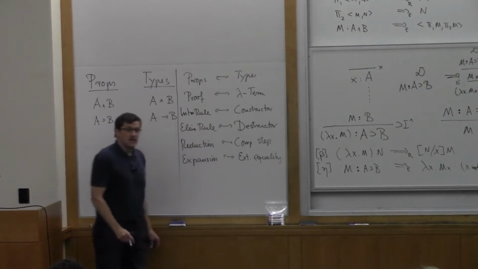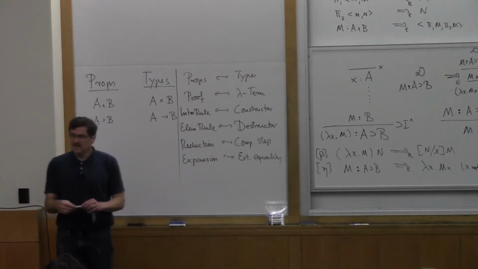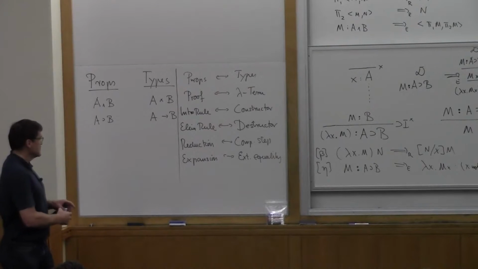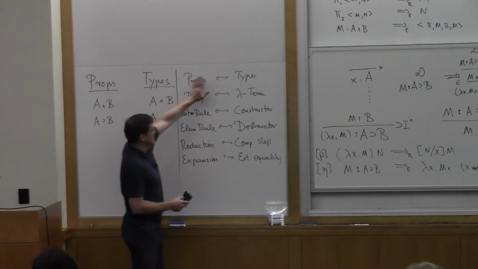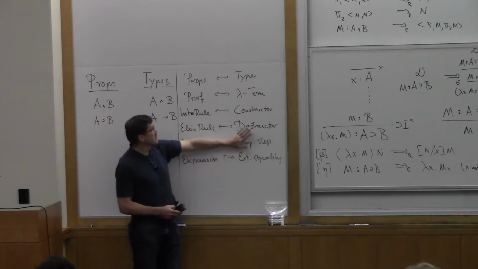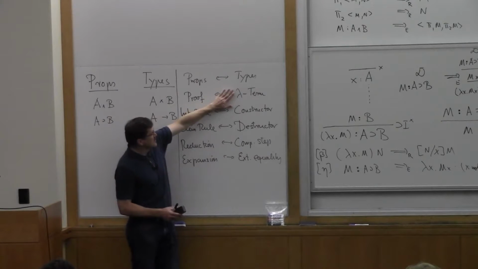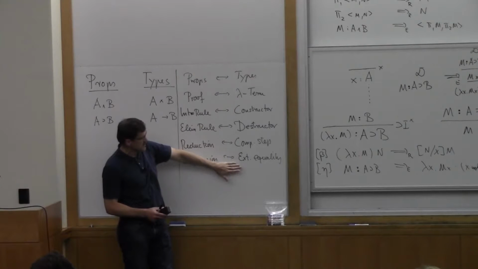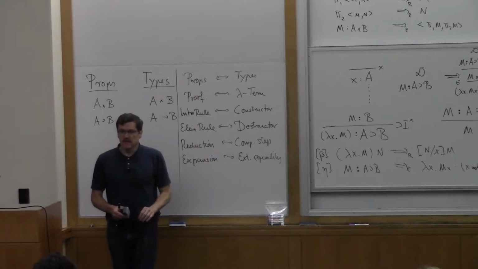Okay? Now, basically we have a fairly good explanation of a lot of things that are computational. We know what types are, we know what the terms are, we have constructors and destructors, we have computation steps, and we even have a way for reasoning about equality.